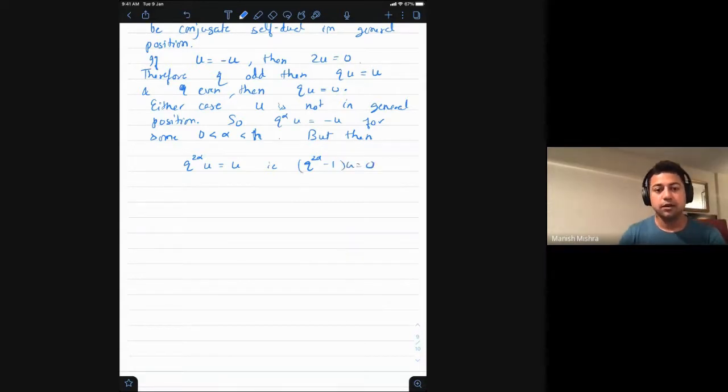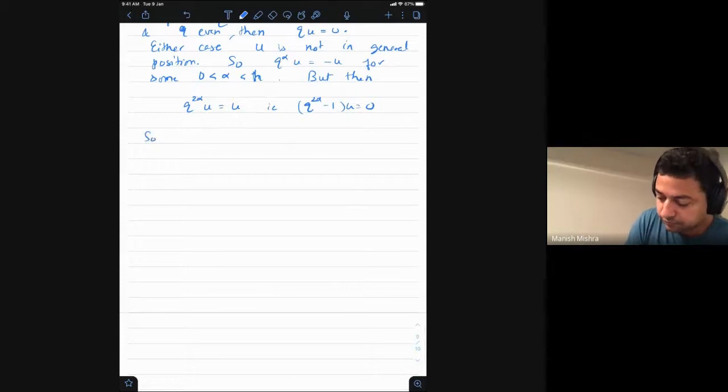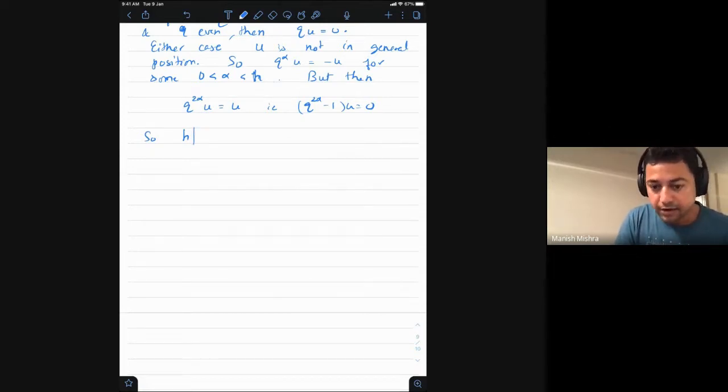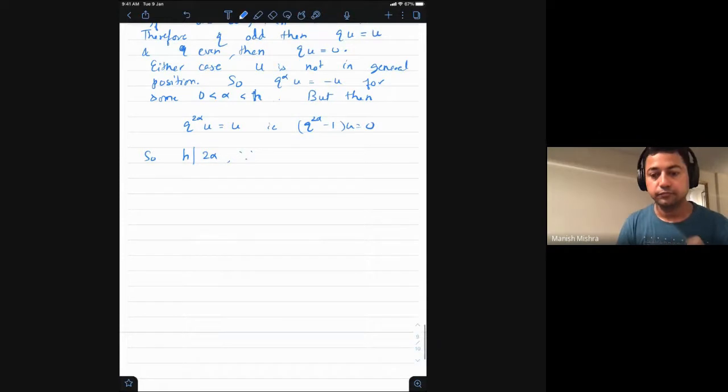So some power of q is fixing u. So that power has to be divisible by the Coxeter number. So h divides 2 alpha, since u is in general position by assumption.